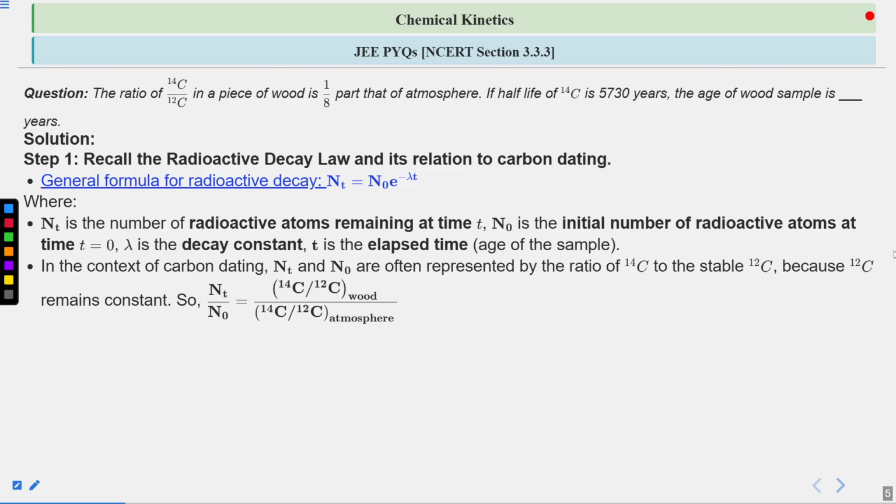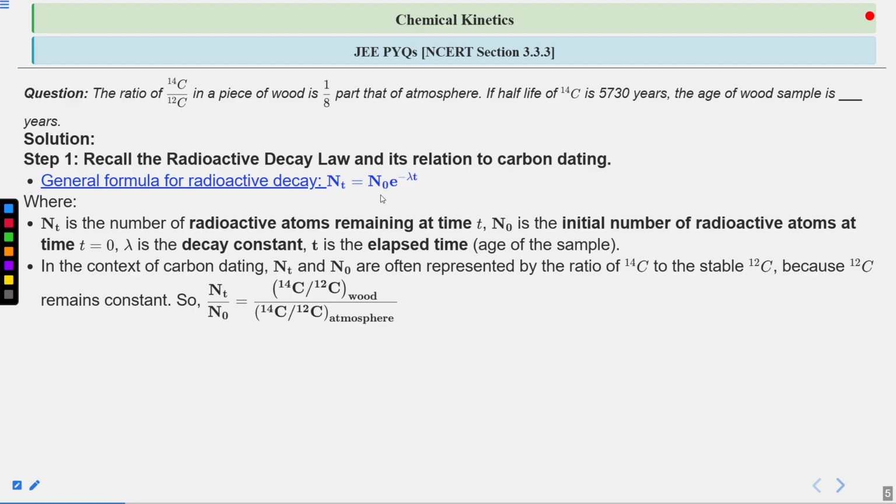Because 12C is going to remain constant, we can write that Nt by N naught ratio is equal to this ratio of 14C to 12C in the wood to the atmosphere. So we use the carbon dating process, or the radioactive decay concept here, and we find the general formula for it.